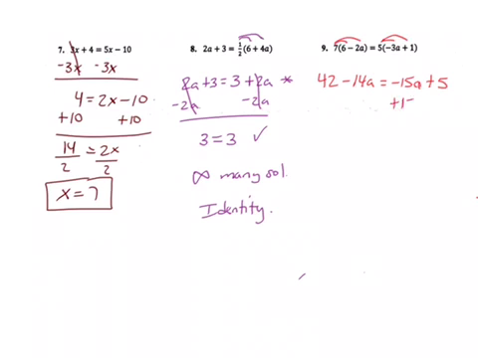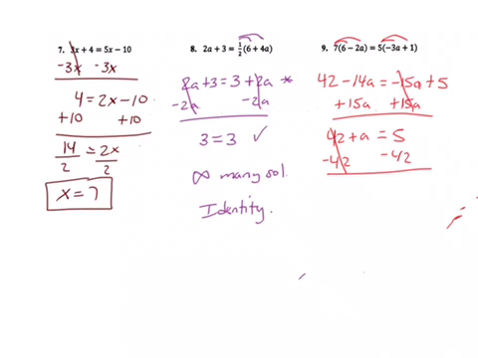So I'll start by adding 15a to both sides. I've got 42 minus a, or actually 42 plus a, sorry, equals 5. From here, I'm going to subtract 42 from both sides. And I get a equals negative 37.